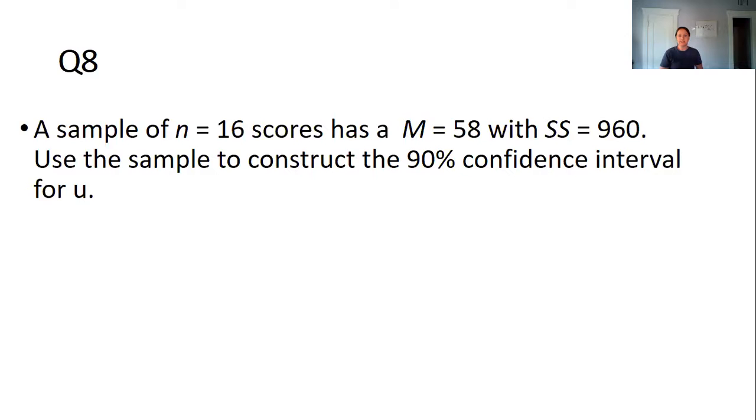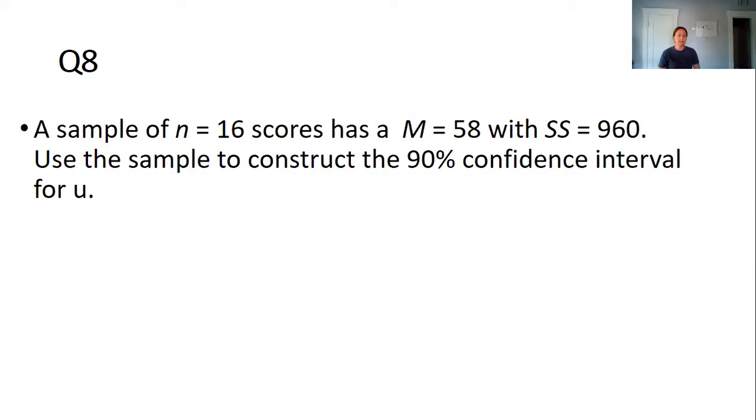We have a sample of 16 scores, and the mean on some kind of outcome or assessment is equal to 58. And the sum of squares associated with this data is 960. Okay, I'll show you why that's important here in a moment. Use this info to construct a 90% confidence interval for the true population mean, mu.